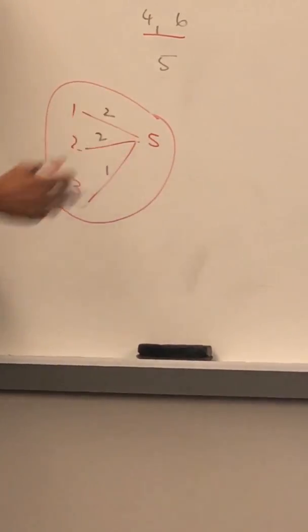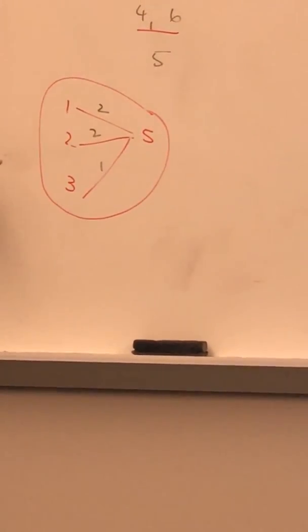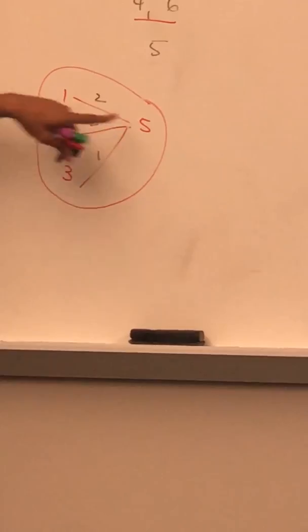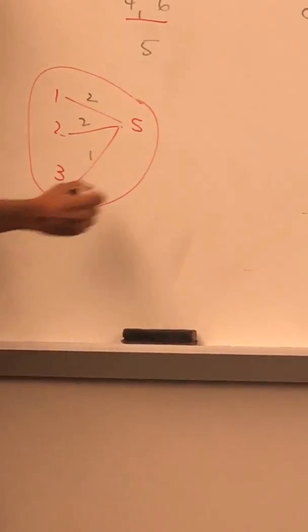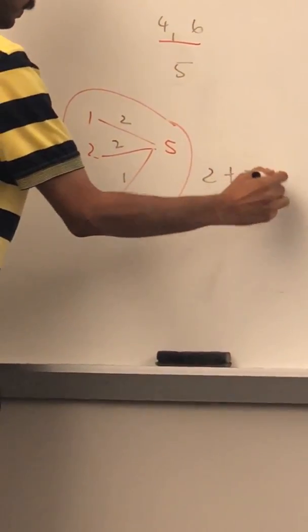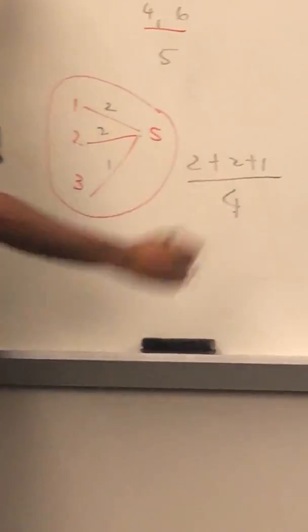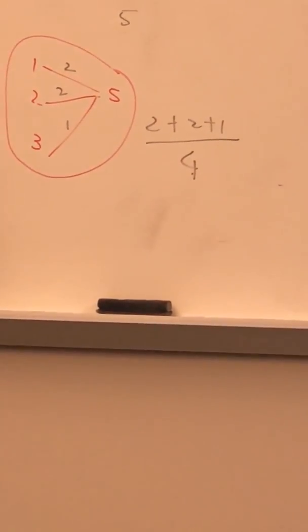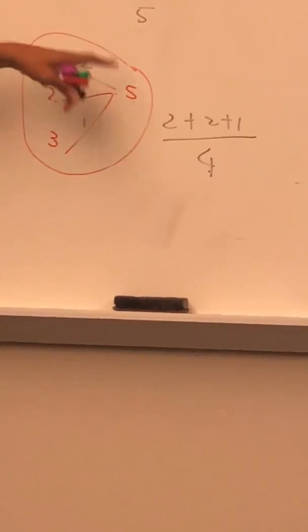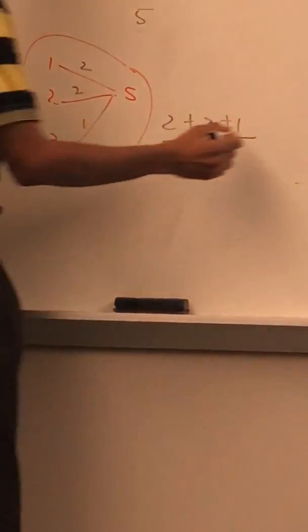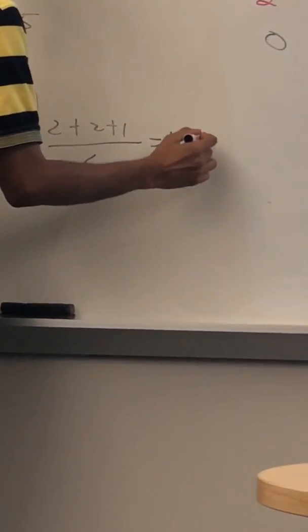So the distance from 1 to 5 is 2 from the original matrix. 2 to 5 is also 2. 3 to 5 is 1. So the sum is 2 plus 2 plus 1 divided by 4. So again, why 4? Because totally there are 4 vertices involved if we combine them into one community. So that's going to be 1.25.